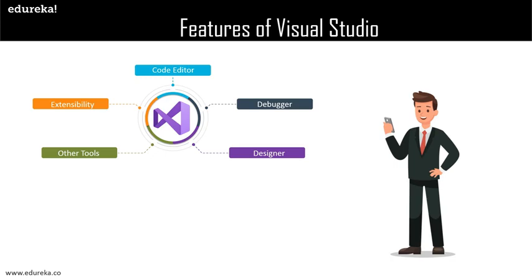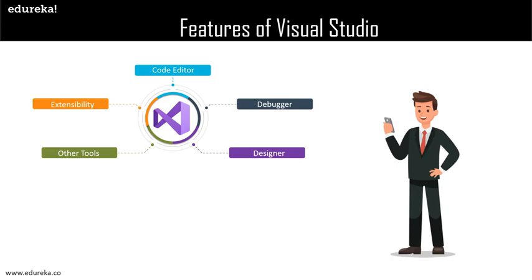Then we have Class Designer. The Class Designer authors and edits the classes, including their members and their access, using UML modeling. Followed by that, we have the Web Designer. Visual Studio additionally includes a Website Editor and Designer that permits websites to be authored by dragging and dropping widgets.